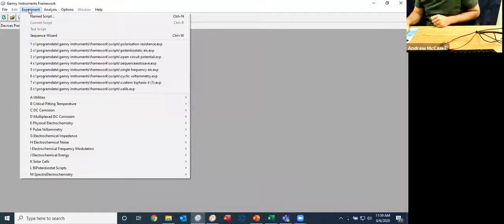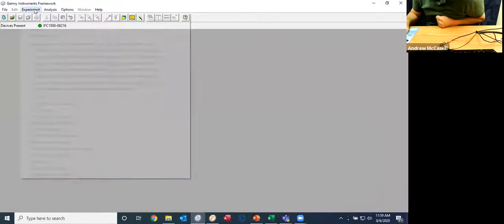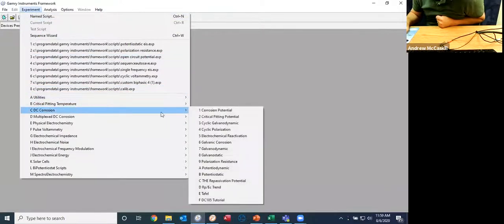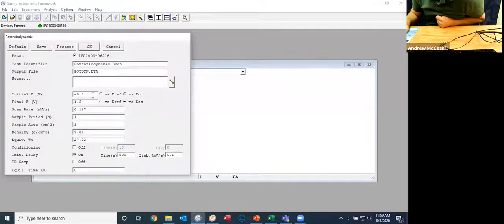Andrew, you've mentioned potentiodynamic scan a couple of times. Can you just give a brief overview of what that is? So the potentiodynamic scan, this experiment you'd end up running, I just want to show you this because it looks just like the LPR experiment setup window.